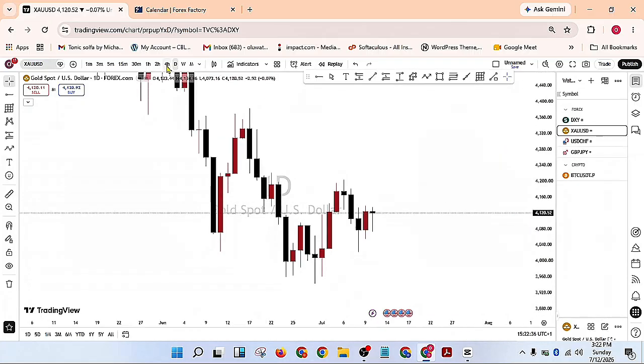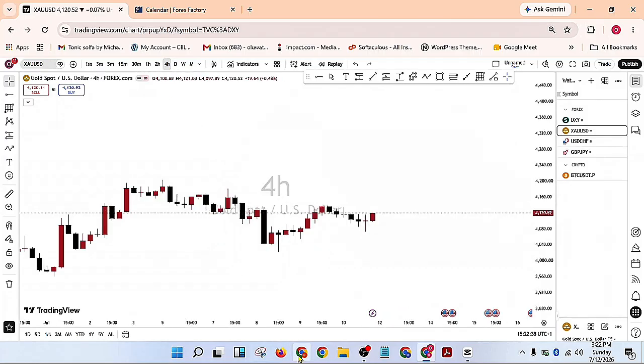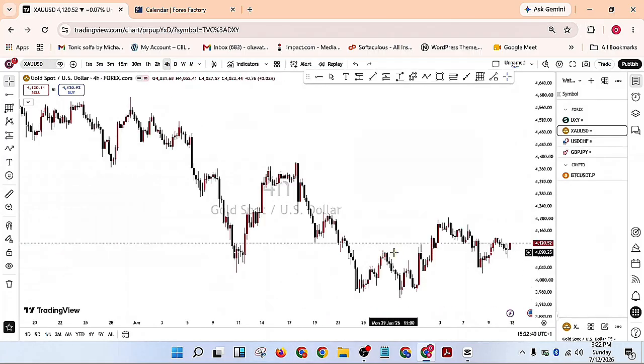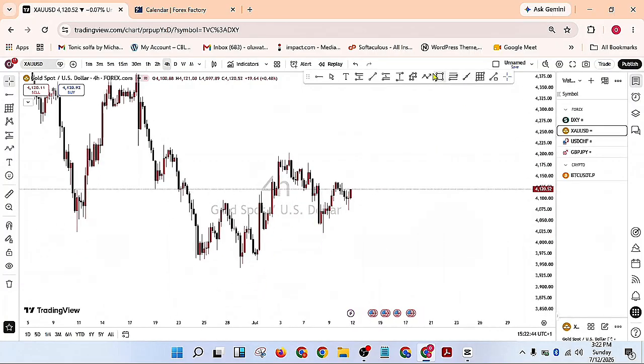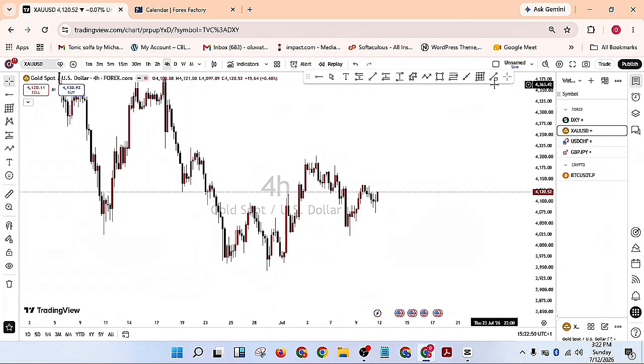So let's now see the structure from 4 hours, 1 hour. At least those will tell us. At least on 4 hours, you can see that we actually had a change of character here. We had a change of character here.